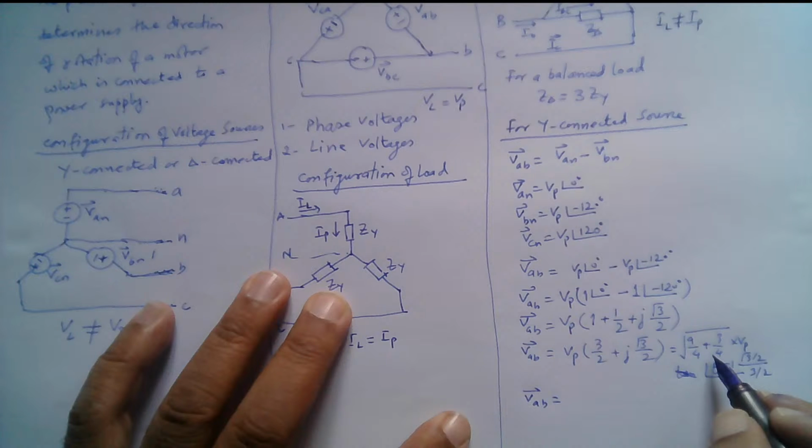Likewise, we can calculate the value for VBC also. VBC is equal to VBN minus VCN, right?